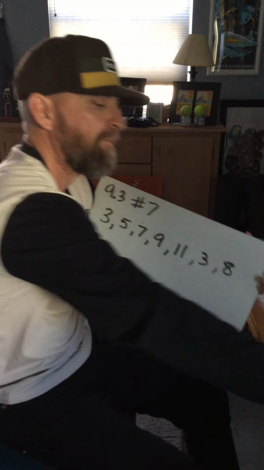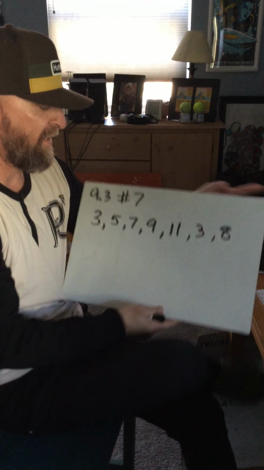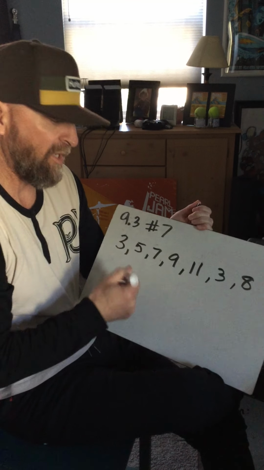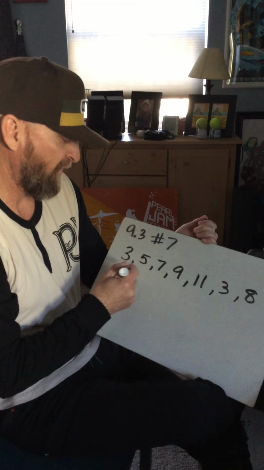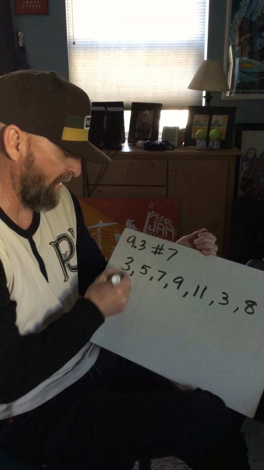So what we'll do is we'll take a look at this set of data. And the first thing we want to do is take those numbers and put them in order from least to greatest. So we're going to start, and 3 is the smallest, so I'm rewriting them all.